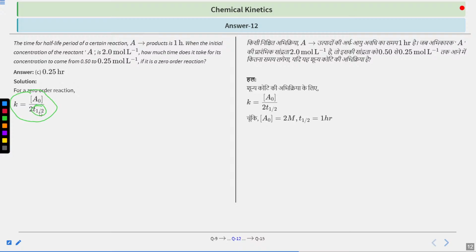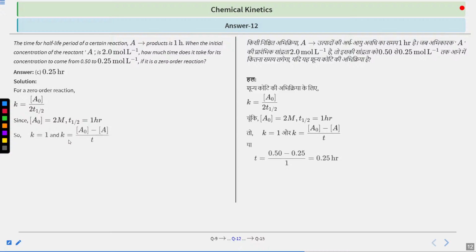Your t half is known, your A naught is known, you can get your k. So that gives your k as 1. Now putting this value of k here, we can find the time that is required to do this transition from 0.50 to 0.25. So that will give you 0.25 hour as your correct answer.